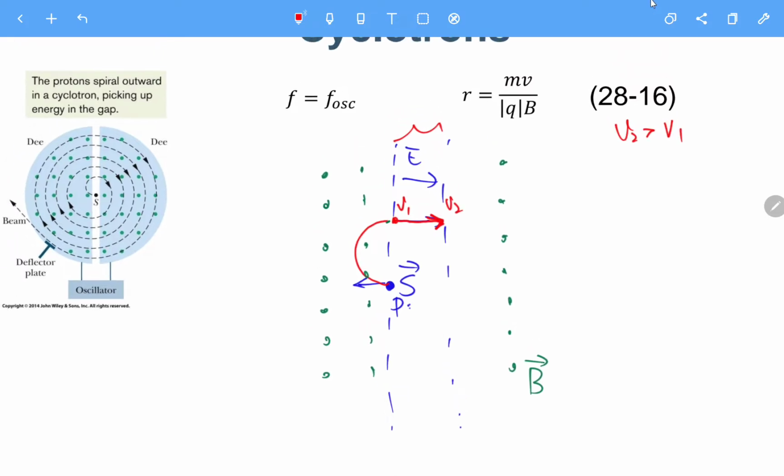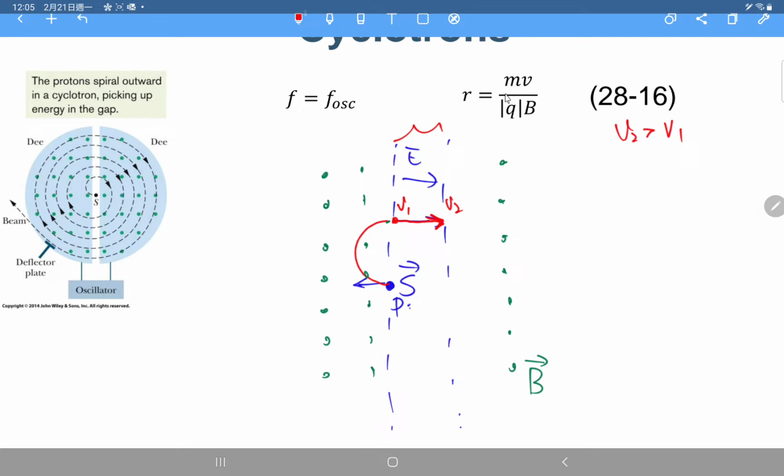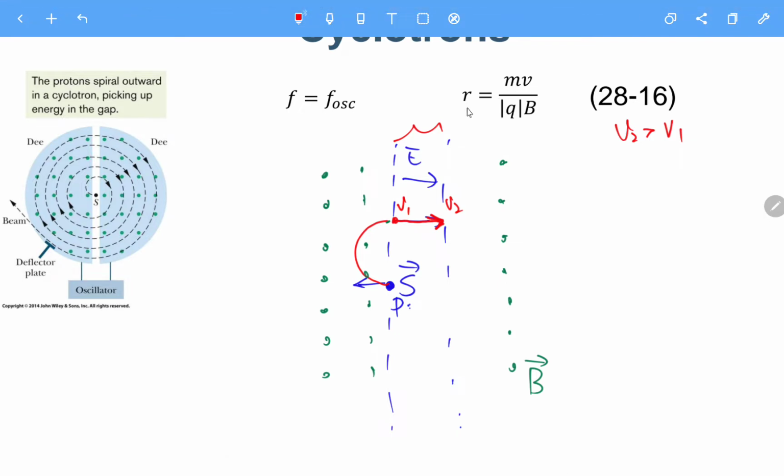And as we mentioned, for this circular motion, the radius R is proportional to V. So in this case, V2 is larger, so the radius will also be larger. So up to here, V2.